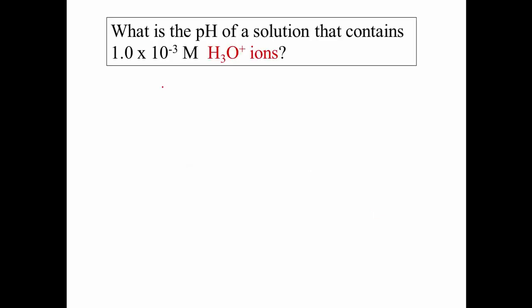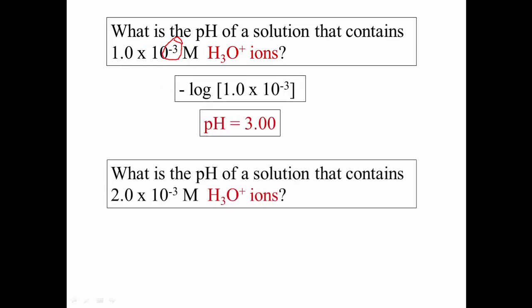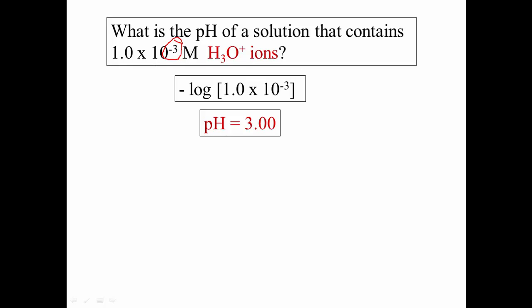So by now you should recognize 1 times 10 to the negative 3 has a pH of 3. And now what's going to happen? So let's go back. These were all 1 times 10 to this exponent.